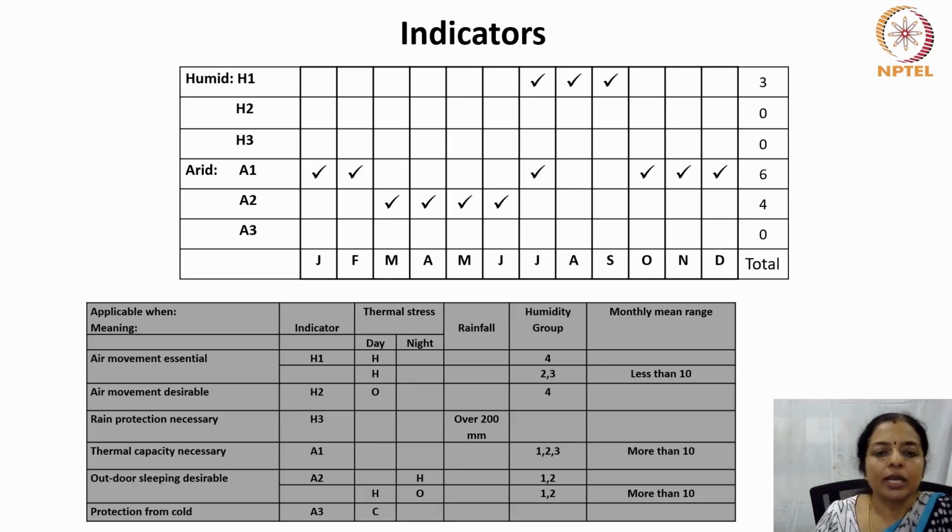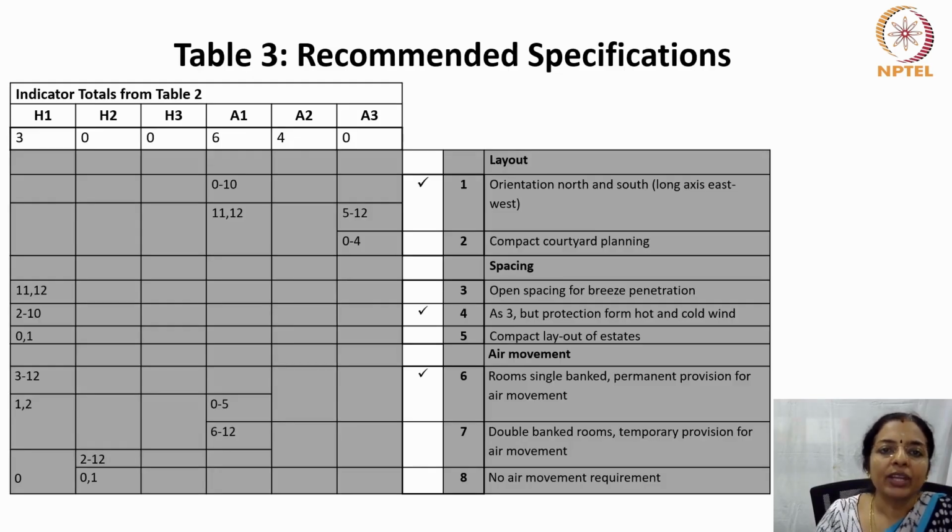So after I do the indicators as I had already demonstrated, we go for recommended specifications. So here the recommended specification comes out to be in terms of layout, in terms of spacing, in terms of air movement. It says that the orientation should be north and south, long axis along east and west, and the spacing of buildings should be open spacing for breeze penetration, but there must be protection from hot and cold wind.